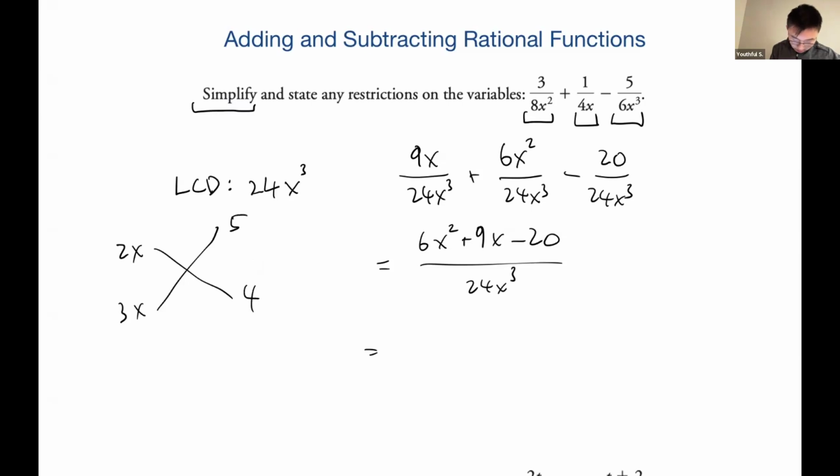Yeah, 15 minus 8, it's close. And then most likely x times 6x is not going to work either. We have 10 and 2. That's not going to work. And then 4 and 5, definitely not going to work. Okay, it doesn't seem to be factorable, so I'm just going to leave it.